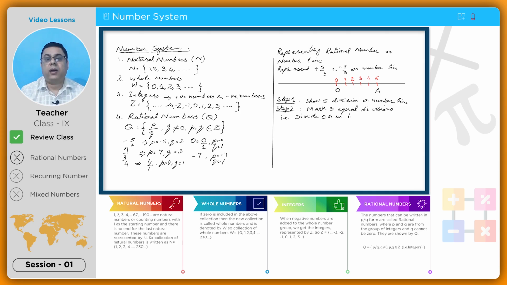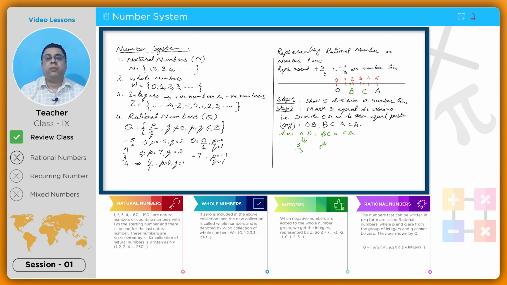For example, if we mark our line as O to start from 0 and A to end at 5 units, then OA is the whole segment of plus 5. If we divide this segment into 3 equal parts, say OB, BC and CA, then all these 3 parts OB, BC and CA are equal to plus 5 by 3. This way we can divide our 5 units on the number line into 3 equal parts, and every part is equal to plus 5 by 3.